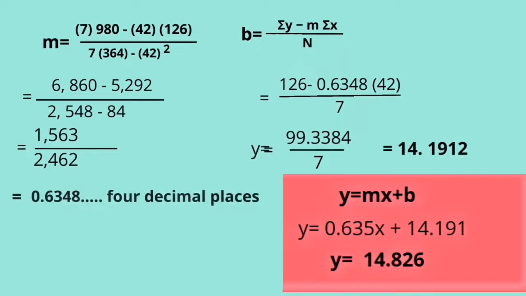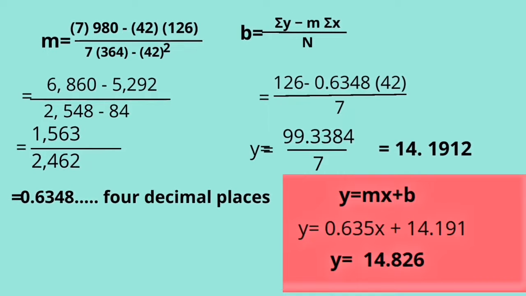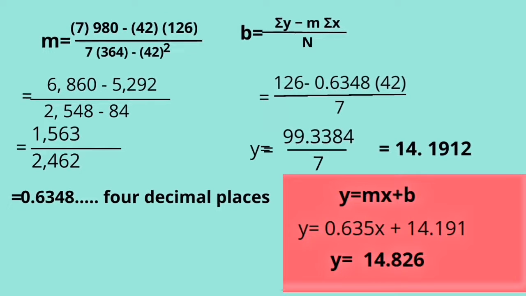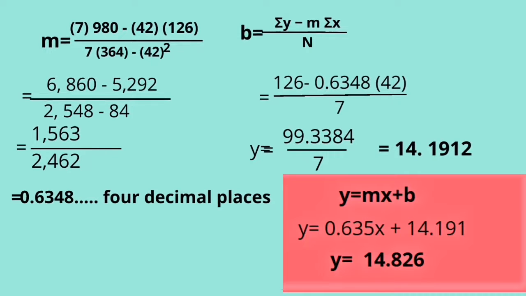Using the formula of m, we have 7 multiplied by the sum of xy, which is 980, minus the sum of x 42 multiplied by the sum of y 126, divided by the number of points 7 multiplied by the sum of x squared 364 minus the sum of x 42 squared.